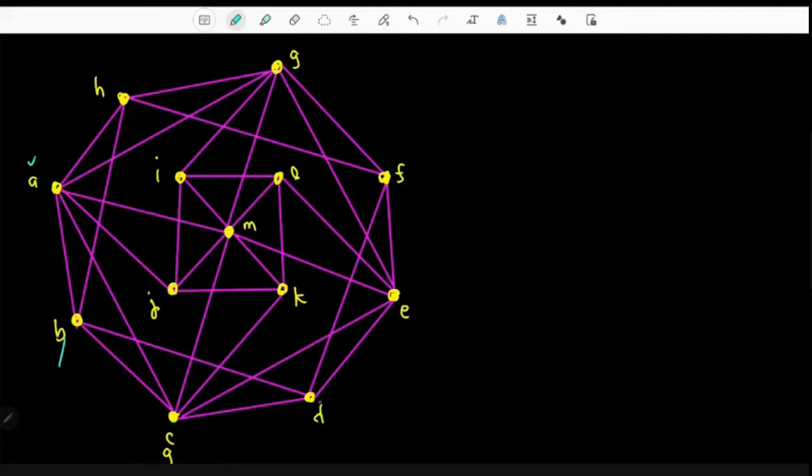So A is checked. B is 4. C is 1, 2, 3, 4, 5, 6. So checked. D is 4, E is 6, F is 4, G is 6, I is 4, J is 4, K is 4, L is 4, M is 8. So our graph is even. Therefore, it's Eulerian, right?